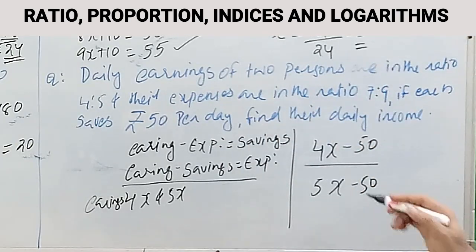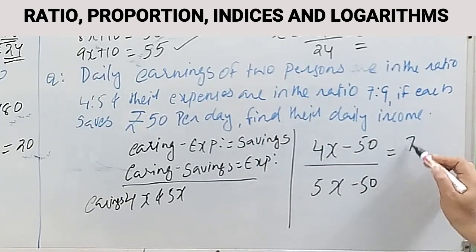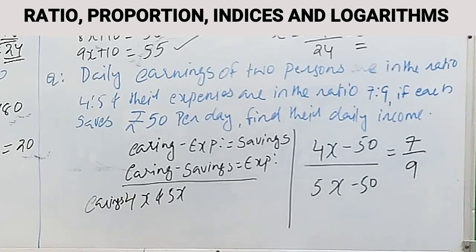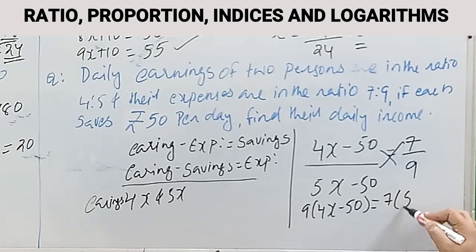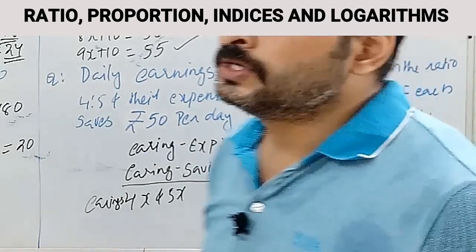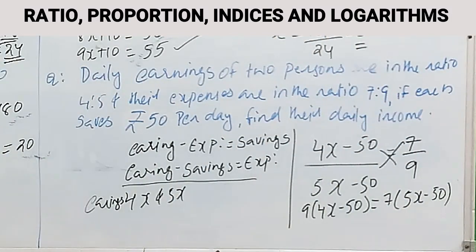It is given in the question that the ratio is 7/9. Then cross multiplying, we will get 9 into 4x minus 50 is equal to 7 into 5x minus 50. Then solve, you will get the value of x and earnings.